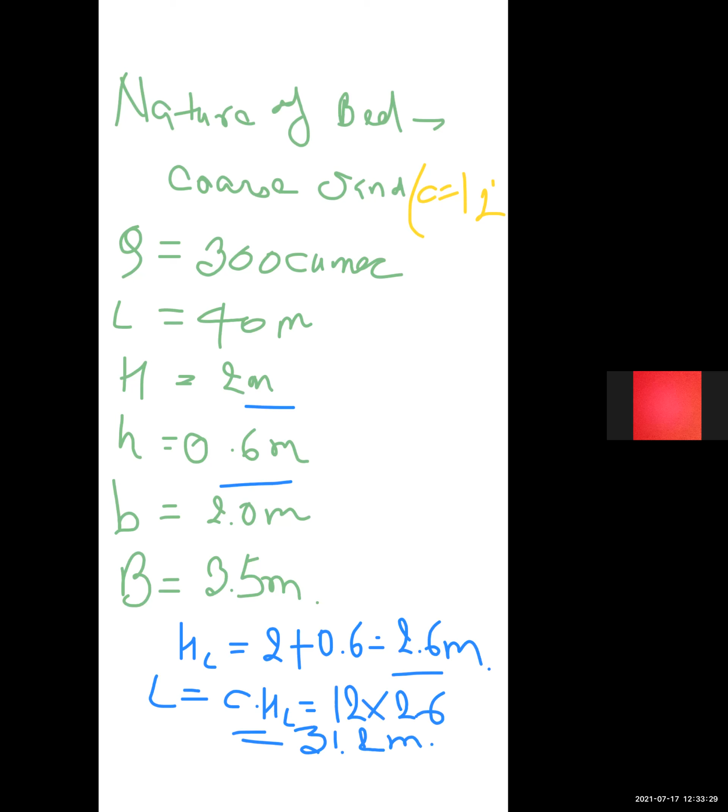So the length of downstream floor is given by equation. We can calculate the length of downstream floor, that is L2 equal to 2.21 C under root head loss divided by 30.